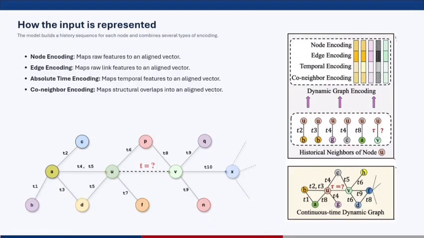How is the model input represented? The model builds a history sequence of each node and combines several types of encodings. As you can see here in the diagram, first they fetch the historical neighbors of the target.